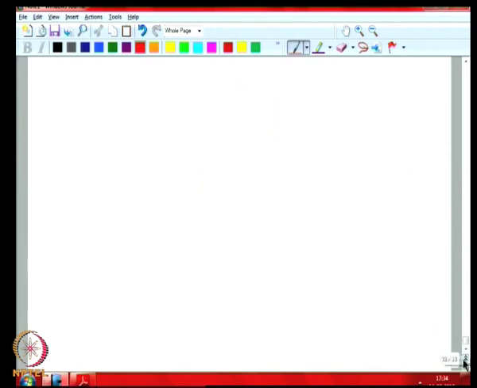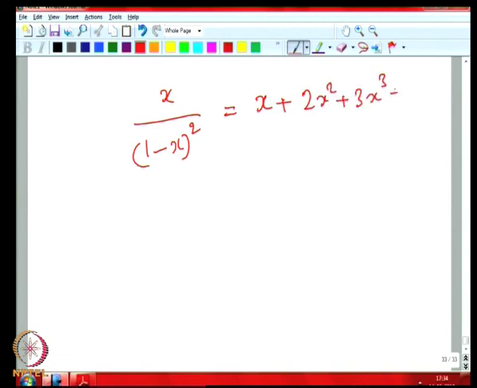How do we do that? We know that x by 1 minus x whole square is the generating function for the sequence 0, 1, 2 and so on, that is x plus 2x square plus and so on, this is the sequence it is representing.